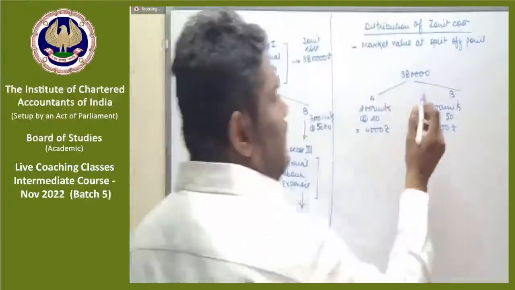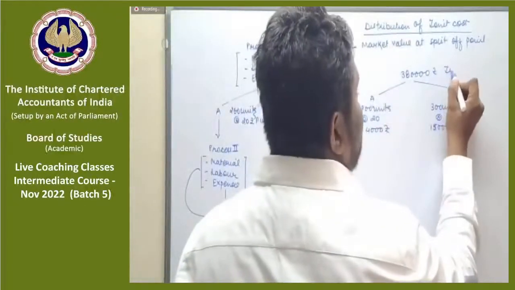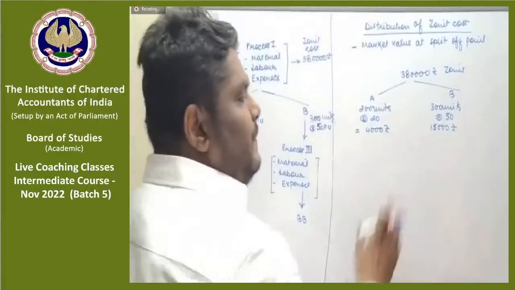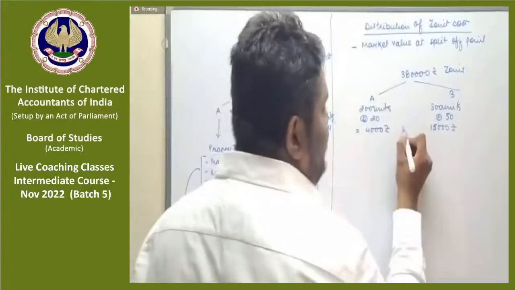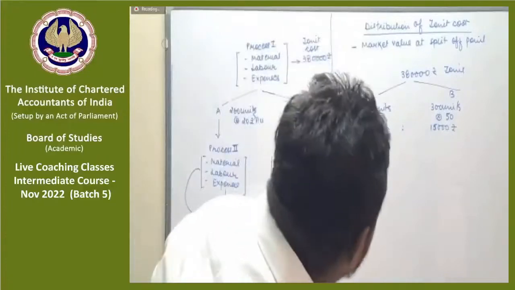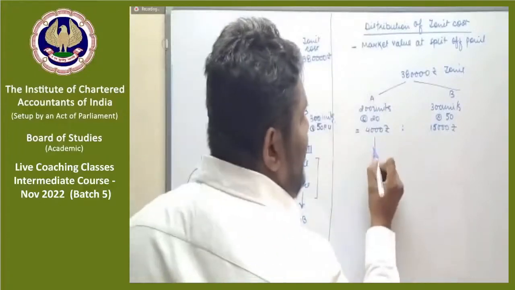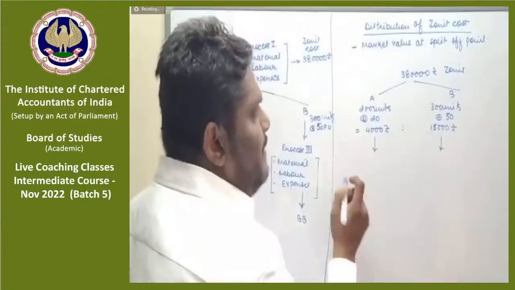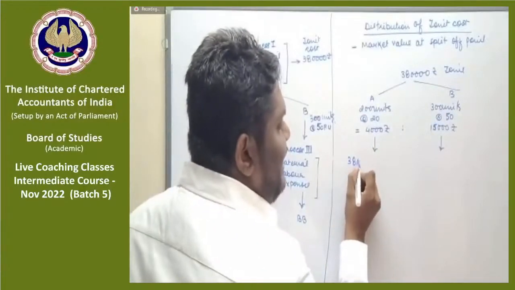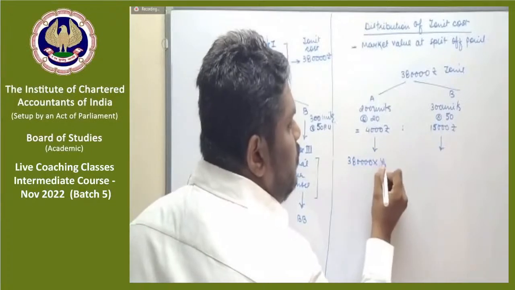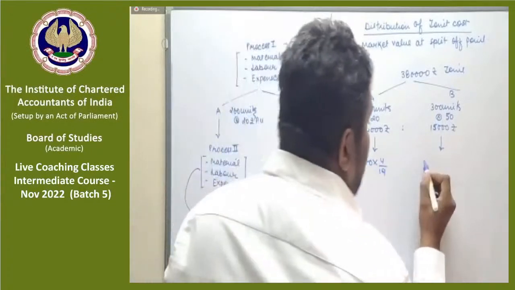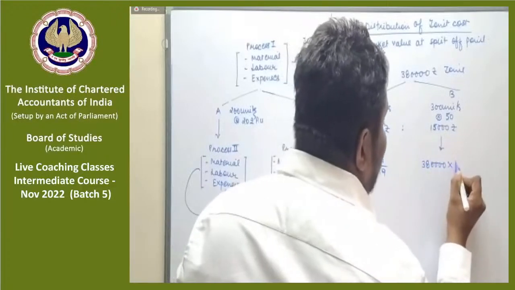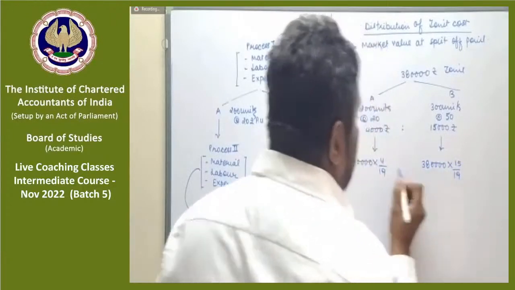So this joint cost of 3,80,000 can be distributed at market value at split off point, that is, the ratio of 4:15. So accordingly, the joint cost that is allocated to A and B will be how much? 3,80,000 into 4 by 19 and 3,80,000 into 15 by 19.